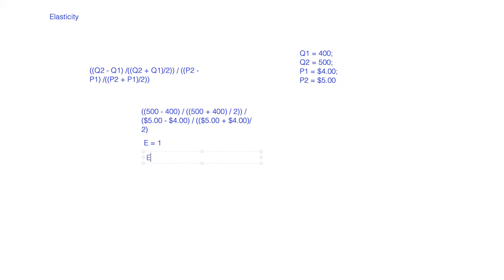If the elasticity is 1, it is unit elastic, and price and quantity change at the same rate. So if there is a change in price, there's going to be the exact same change in quantity. Okay, so an elasticity of 1 is pretty uncommon. Why don't we go over some more common examples?